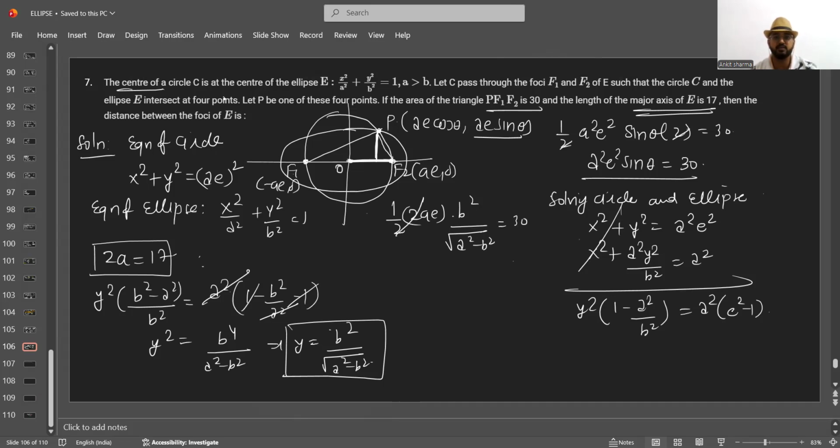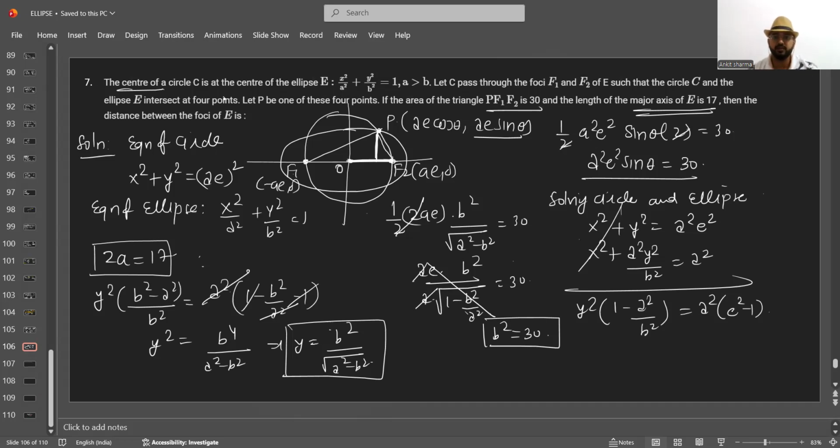So this 2 gets cancelled. And this is a, and then here this is b square, and from here I can take a common. So this would give me 1 minus b square by a square, which is again 30. That means this a cancels, and this is nothing but e. So this also got cancelled. So I get b square is equal to 30.